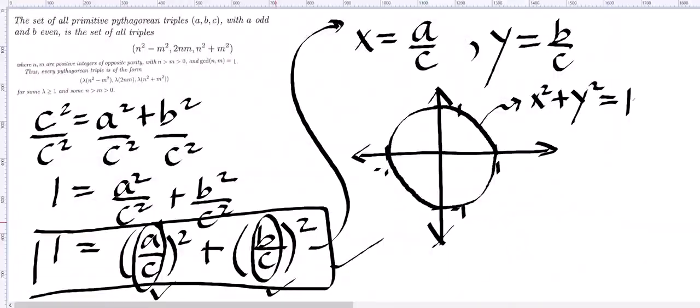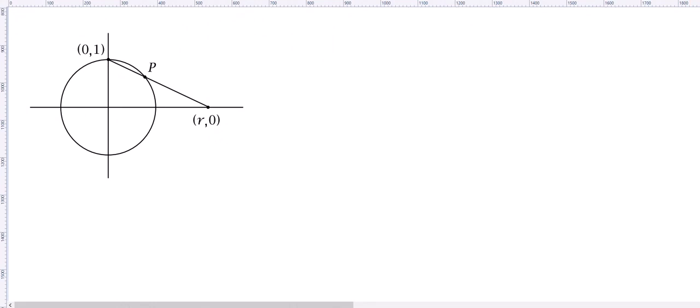In order to find all the rational points on the circle x squared plus y squared equals 1, we shall use this construction. Since we are dealing with the unit circle, one obvious point on the circle is the point 0, 1. Now let us consider a line which intersects the circle in this point 0, 1 and some other point P. Let this be r, since later on, we shall have circles of radius bigger than 1.